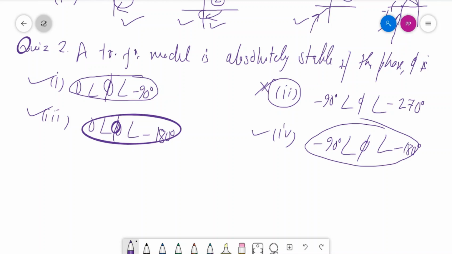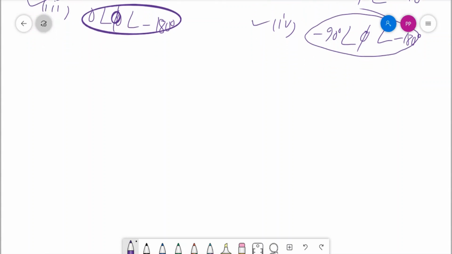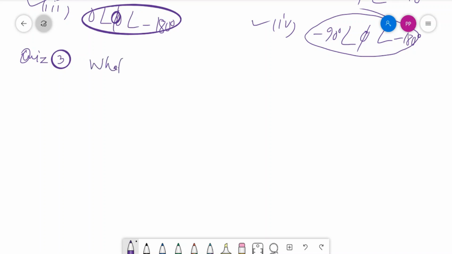And with this, let us go to the next quiz. Quiz number 3. What should be the loop transfer function for the polar plot?